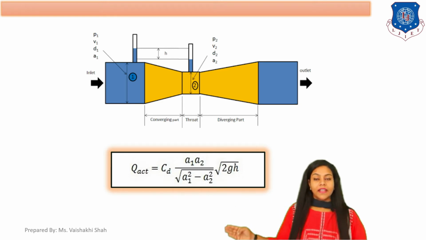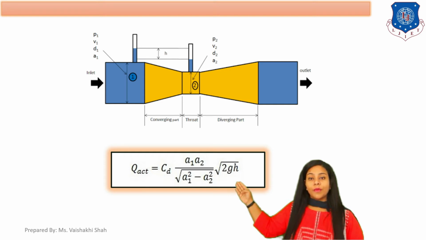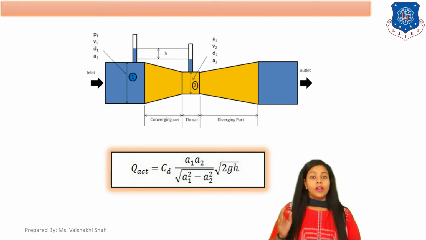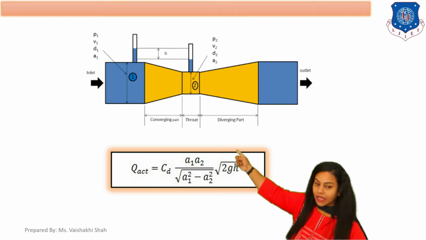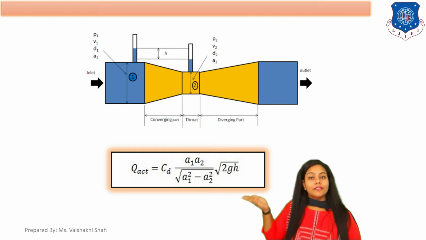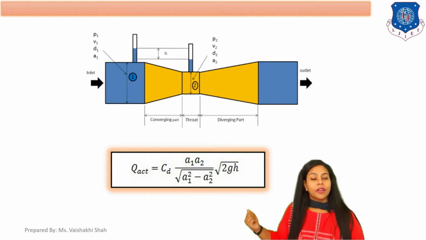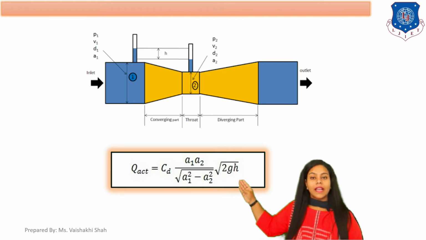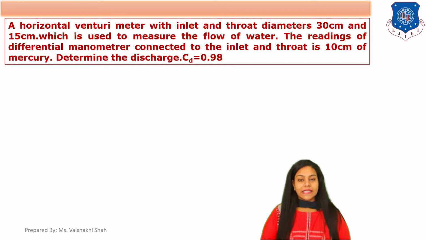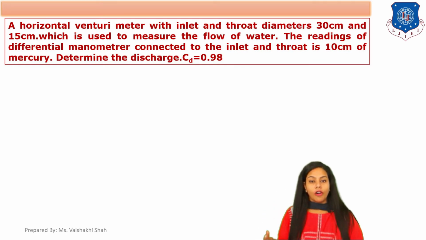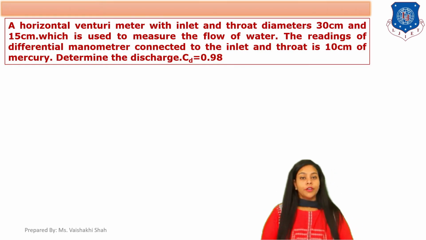And here small h is the rise of mercury in differential manometer. We attach a mercury manometer between section 1 and section 2, and the rise of mercury in manometer is your h.